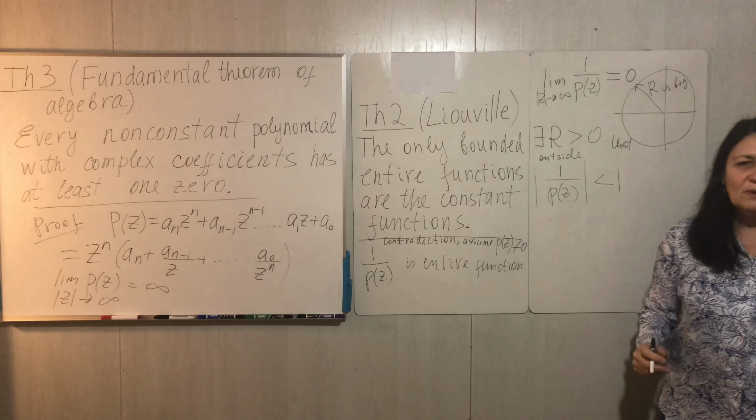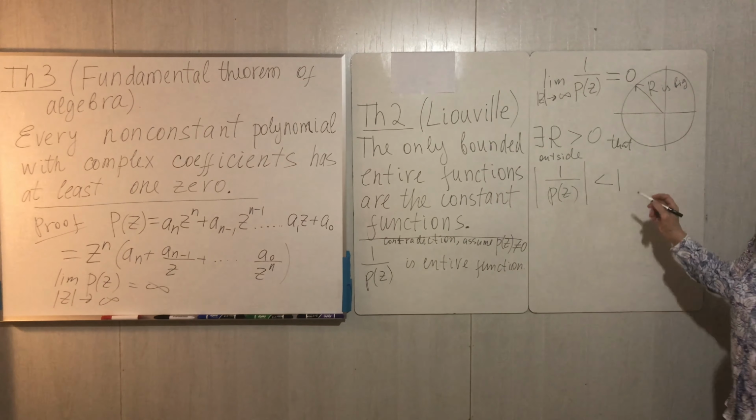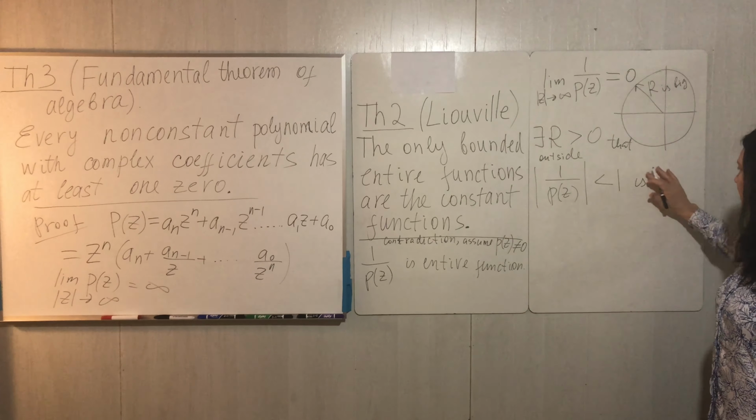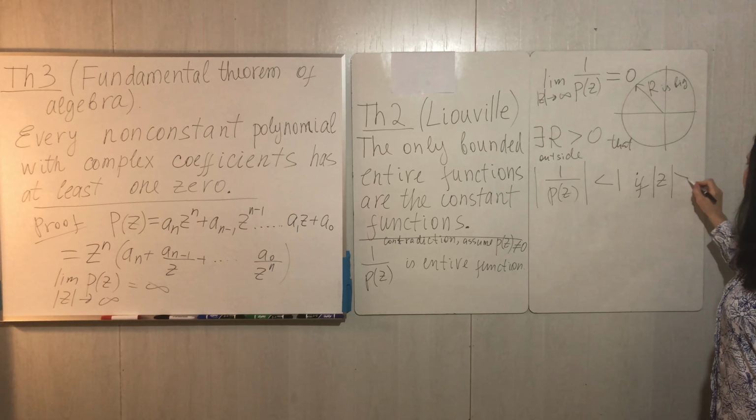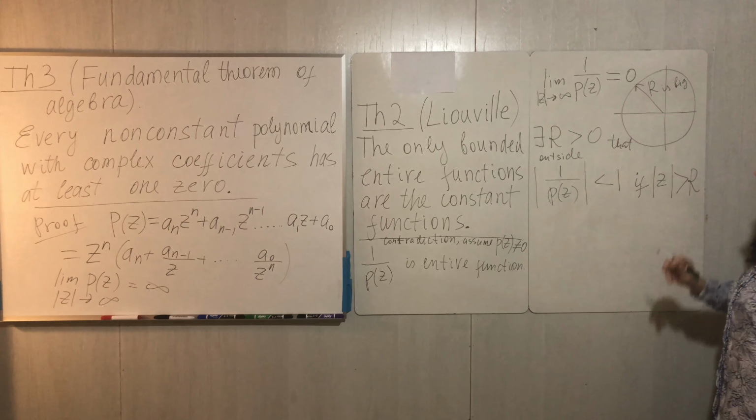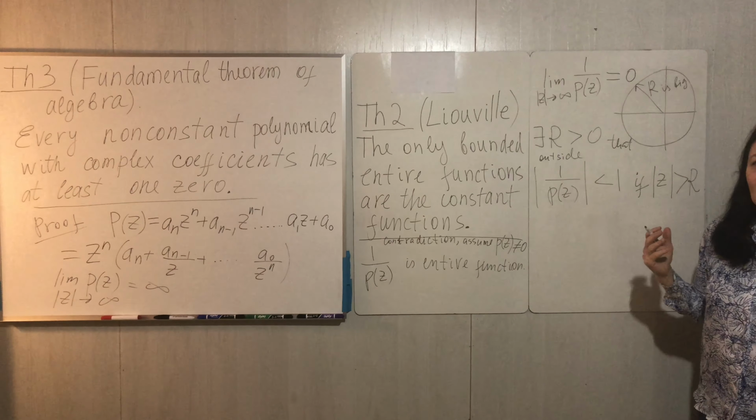Since it's going to 0, at some point it will be less than 1 if z is greater than r.